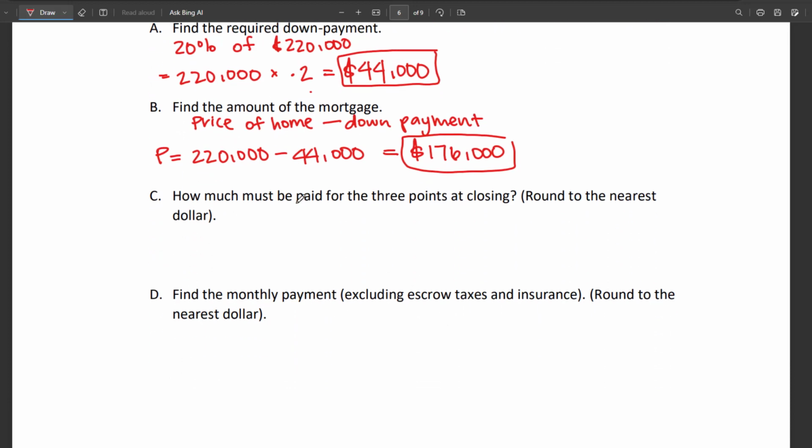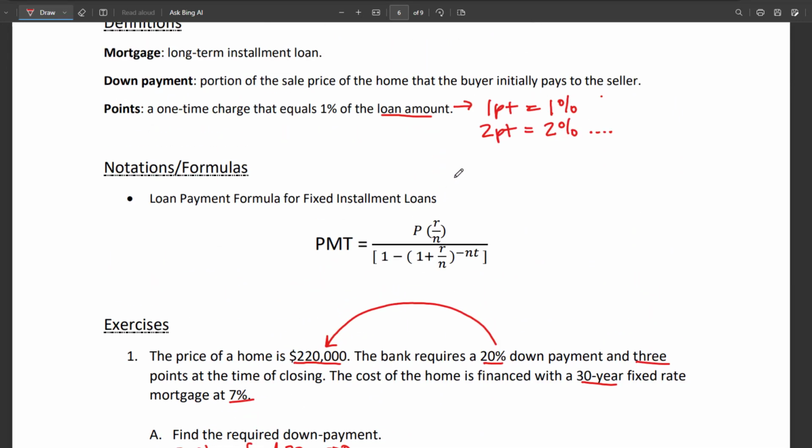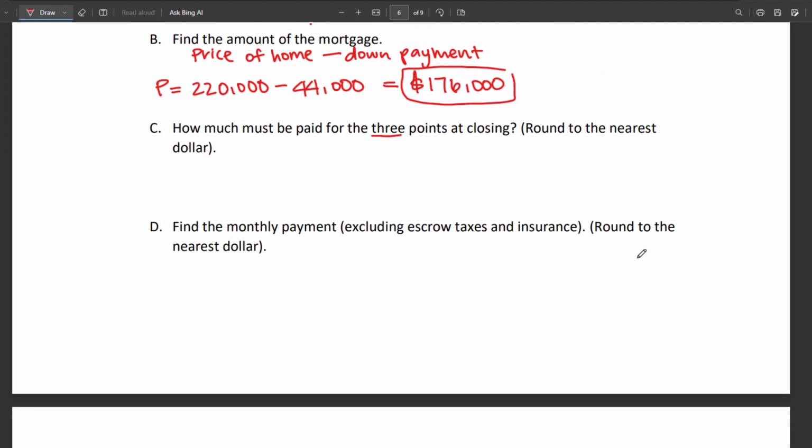How much must be paid for the 3 points at closing? Remember up here, the way that it works is that 1 point is 1%, 2 points, 2%, and so on and so forth. So 3 points would be 3% of our loan amount.